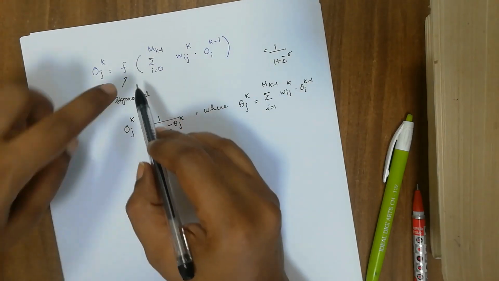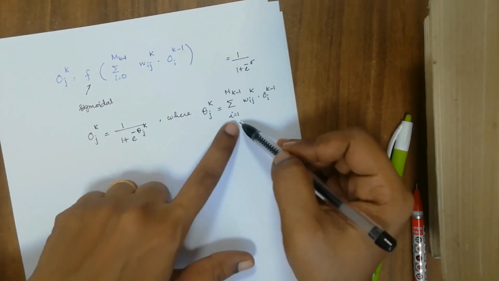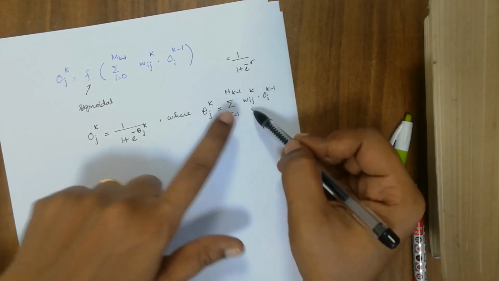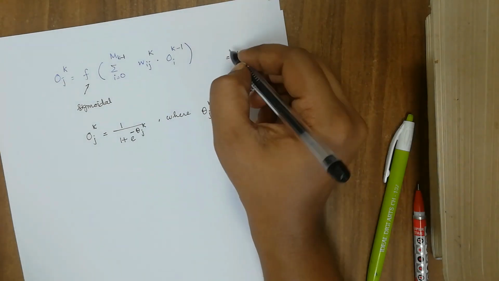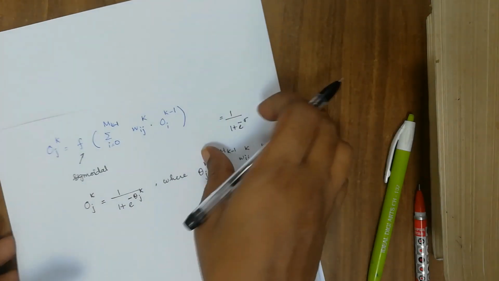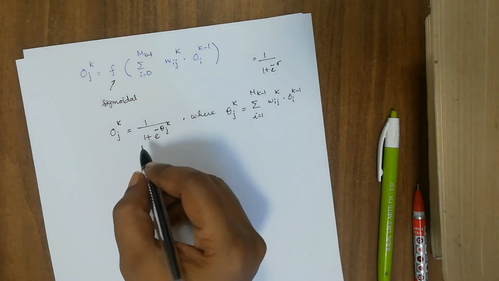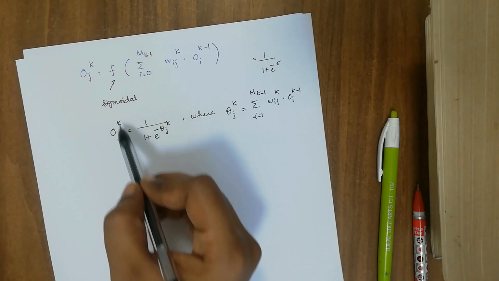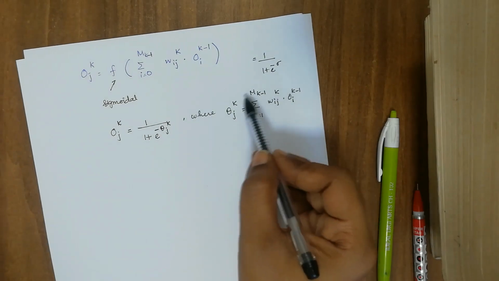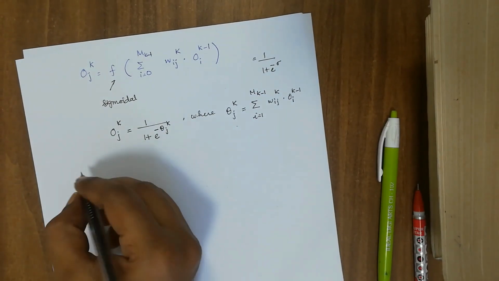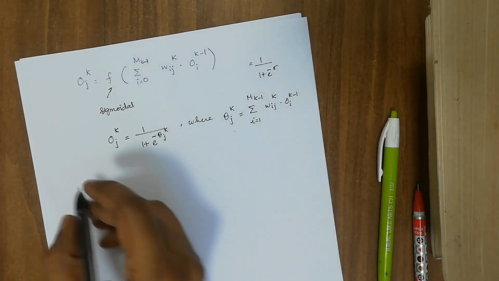Without the nonlinear function, theta j is nothing but only the summation, i ranges from mk minus 1, wij into the output obtained from the previous layer. Okay, fine. So now let us proceed. If we take the sigmoidal function, we can rewrite something like this, and theta jk can be written as follows. Then what we have to do is set the error function.